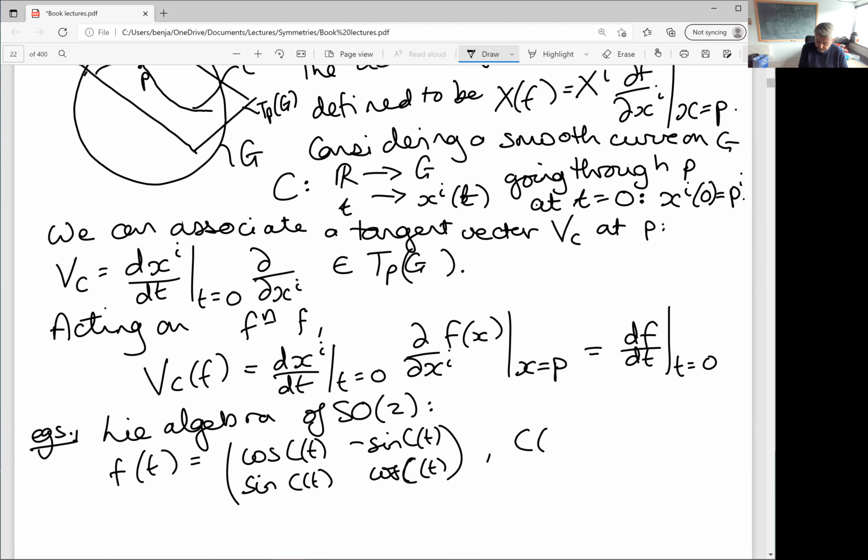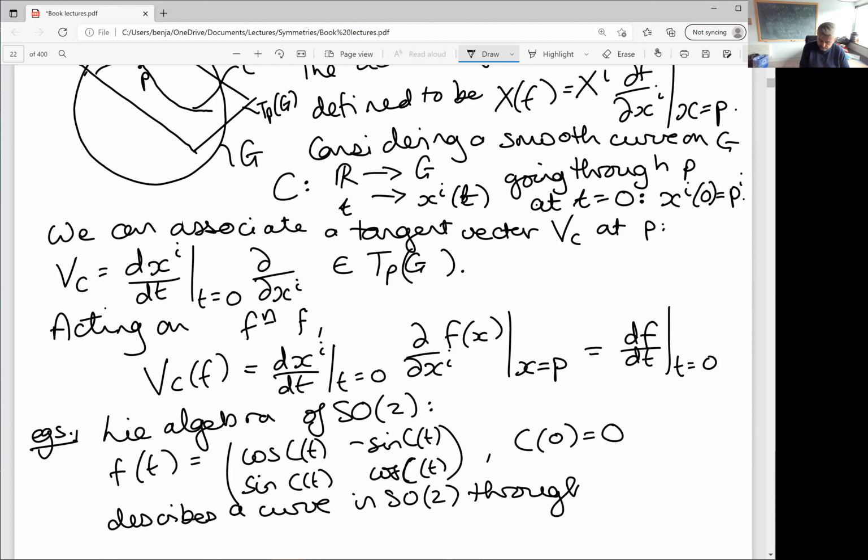We must have that C of 0 is equal to 0, because that corresponds to the identity element. So this function describes a curve in SO(2) through the identity element. Okay, so now let's calculate our tangent vector at this point.